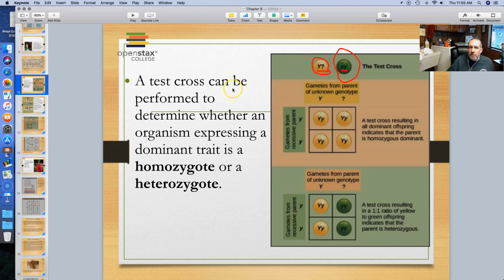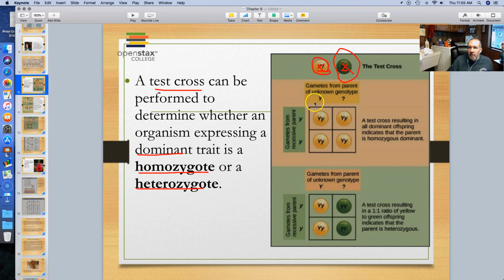And so what he would do then is perform a test cross to determine what characteristic is present and whether it's a dominant trait like we talked about or a recessive trait. And again, by looking at it. Also, though, whether it was homozygous or heterozygous as far as the genotype. So again, we can perform a test cross to figure out what's going on here. Now again, imagine for the purpose of this experiment, we don't know anything about the genotype. All we do know is yellow and green.